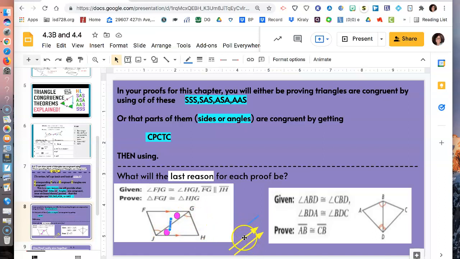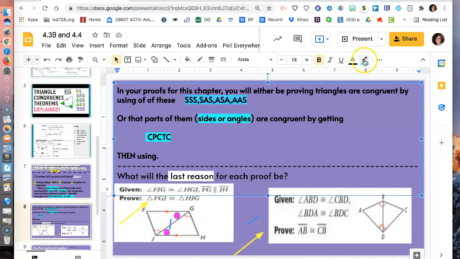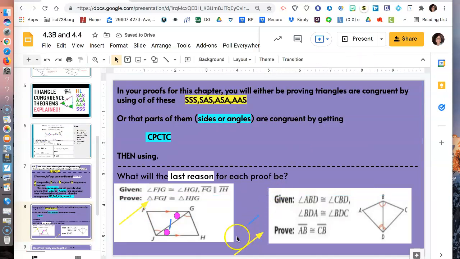Okay, I knew I had to end in one of those 4 because my proof statement said triangles congruent. So I knew I had to end in one of those 4 that we've been practicing. Okay, so this one says, what will the last reason in each proof be?